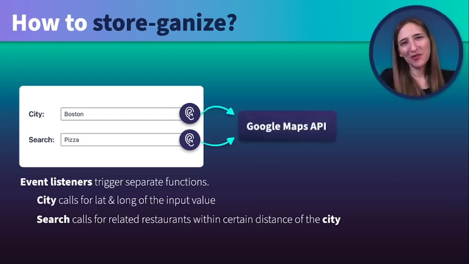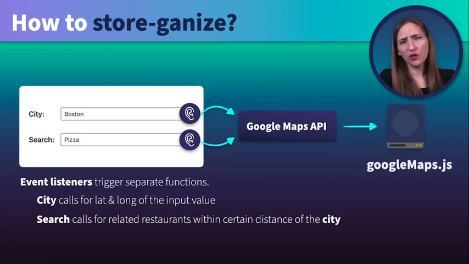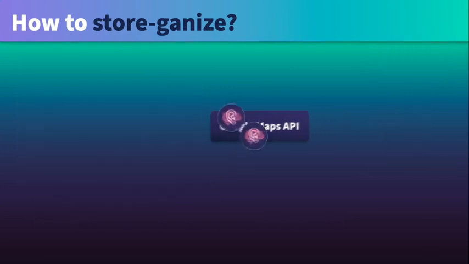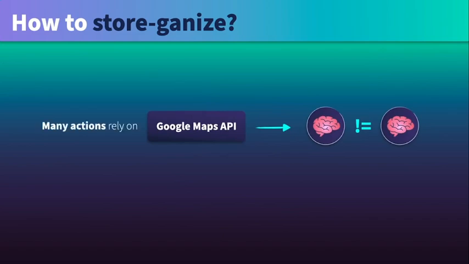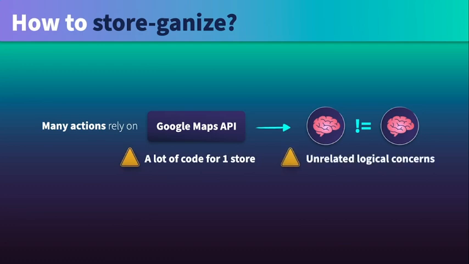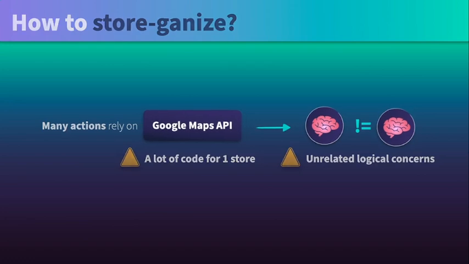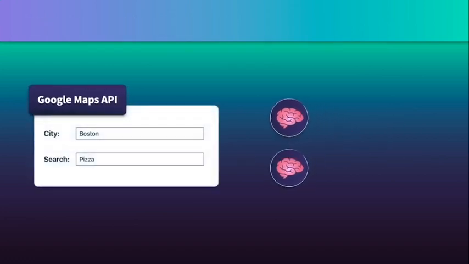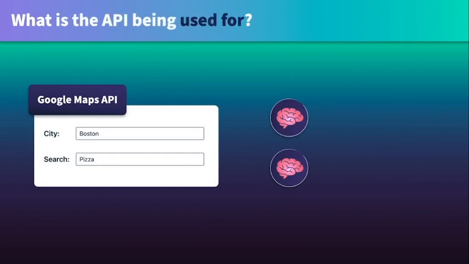So should they be combined within the same store? A Google Maps store, perhaps? Well, there are quite a few actions in this project that rely on the Google Maps API, so that's a lot of code in just one store. And more importantly, the actions aren't all related to the same logical concerns. To get clearer on how this should be organized, we could break it down to focus more on: what is the Google Maps API being used for?